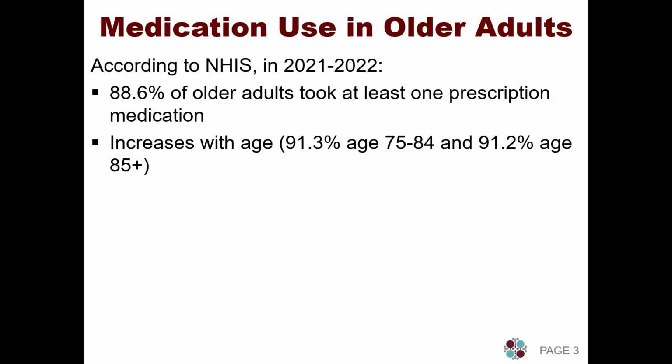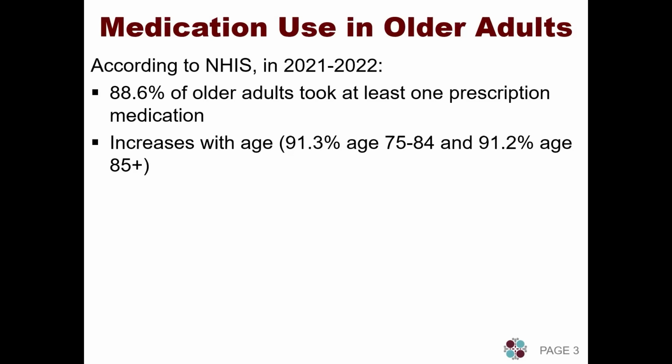So let's talk about medication use in older adults. According to a study that looked at information from the National Health Information Survey in the year 2021 to 2022, 88.6% of older adults reported taking at least one prescription medication. I'm going to say that again, 88.6%.